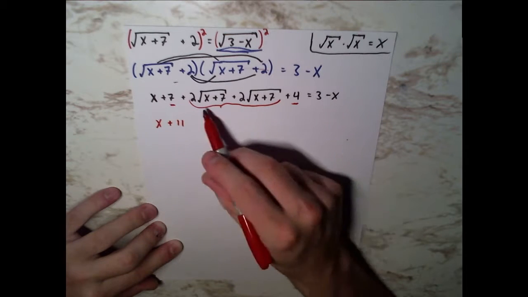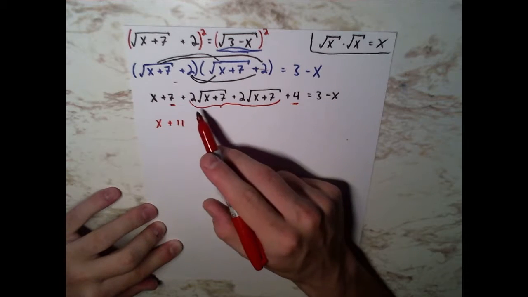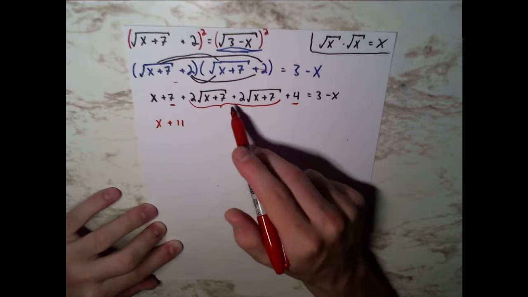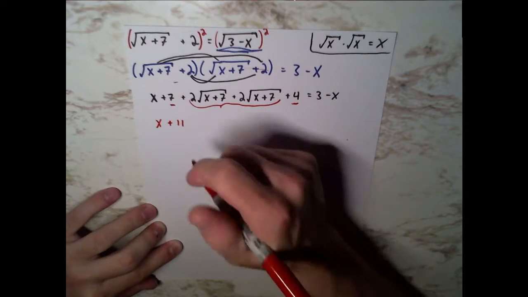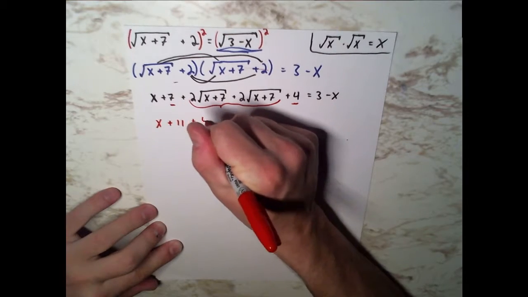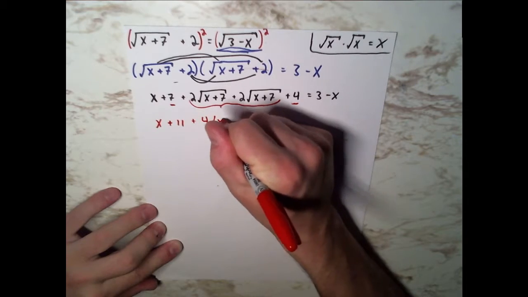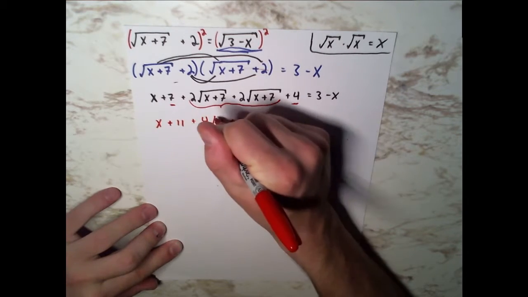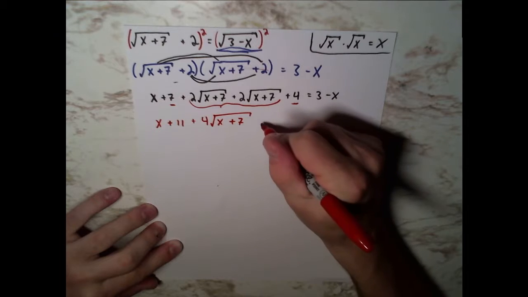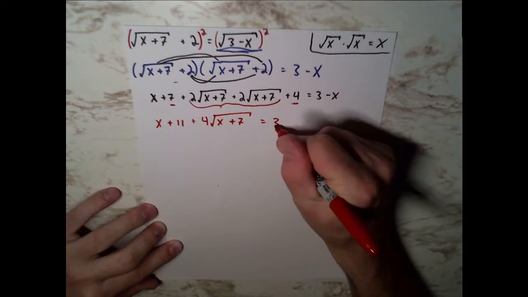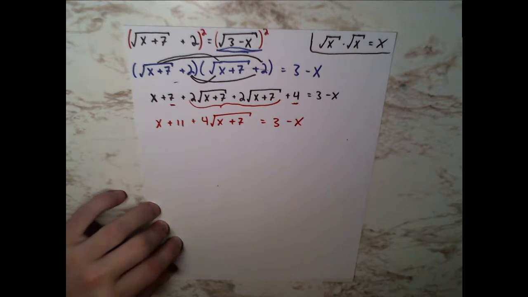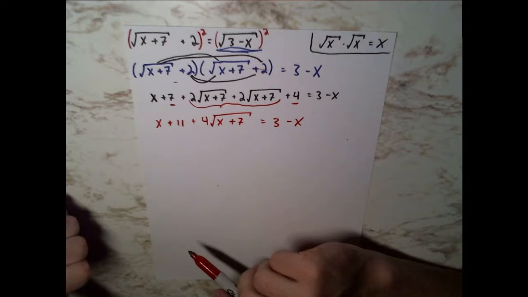And then this is a 2 root x plus 7 plus another 2 root x plus 7, so we're going to get plus 4 root x plus 7. And all of that's equal to our 3 minus x. So it's starting to look a little bit better.